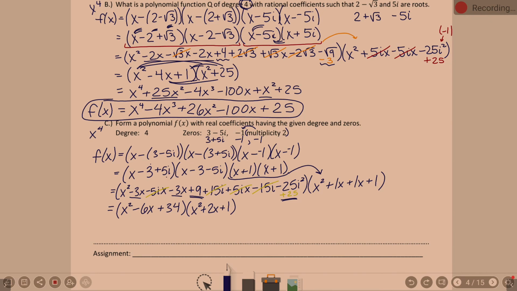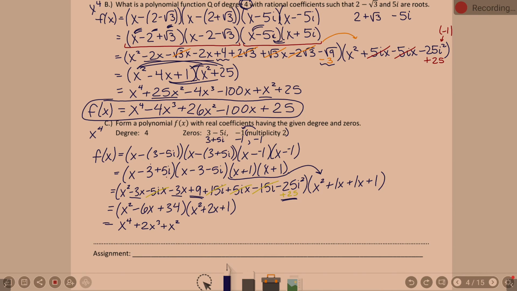You're multiplying one more time. One more set of multiplying. So now we've got 3 by 3 again. We're going to get 9 terms and clean that up. I'm going to distribute x squared: x to the 4th plus 2x cubed plus x squared.